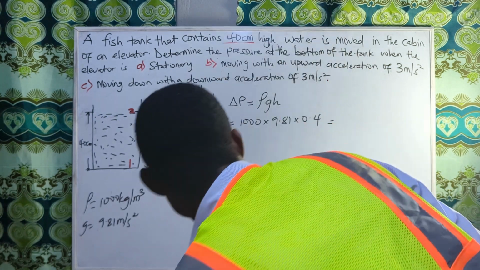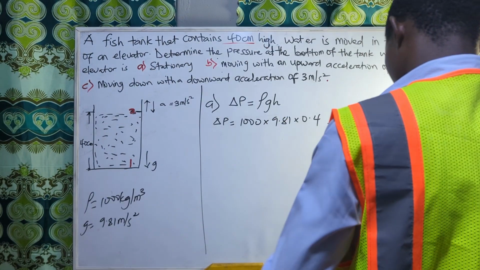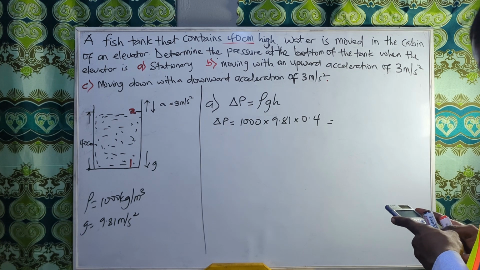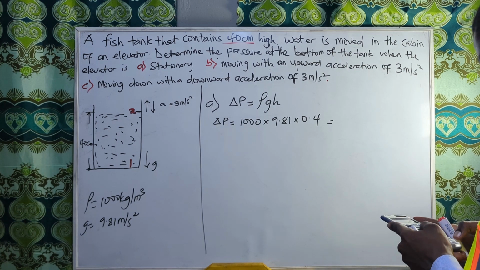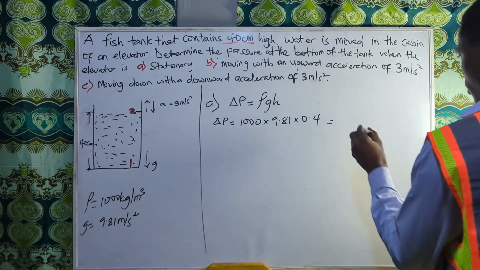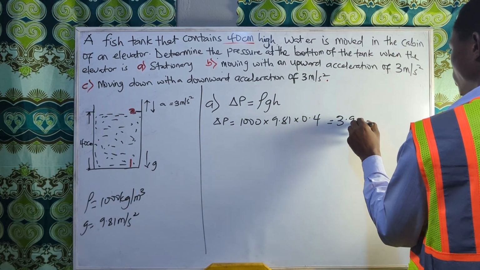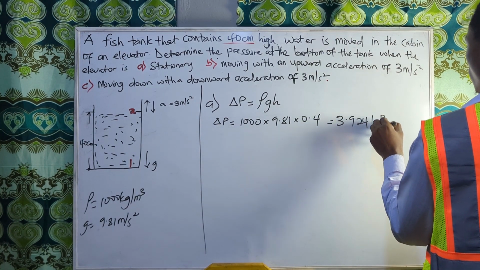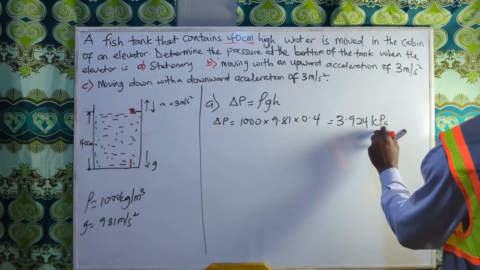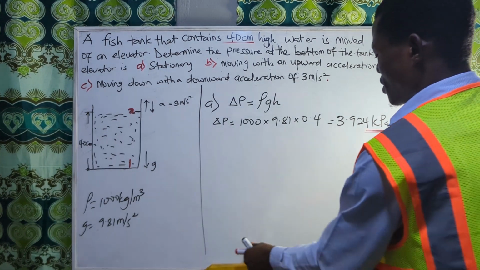And this will give us 3.924 kilopascal. So this is the answer for the stationary. For the stationary one, it's very simple.